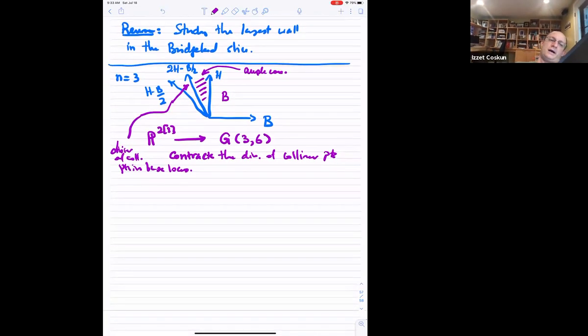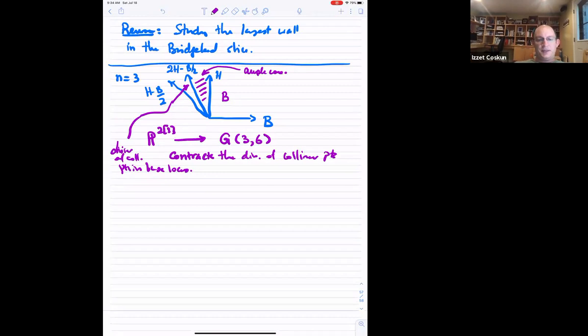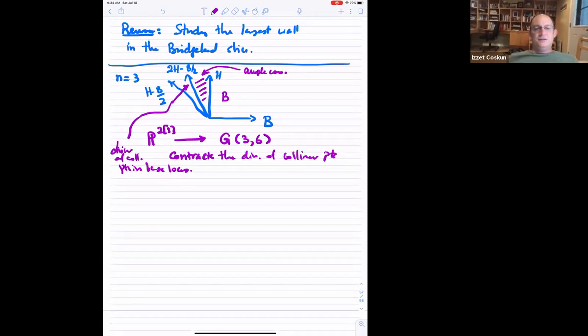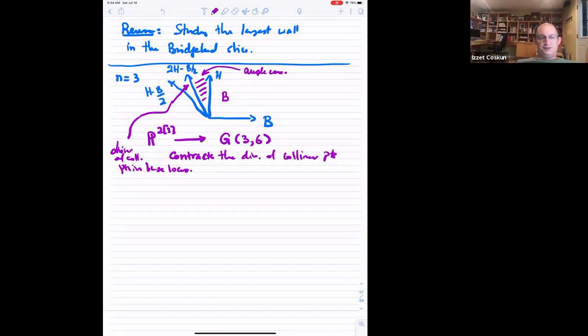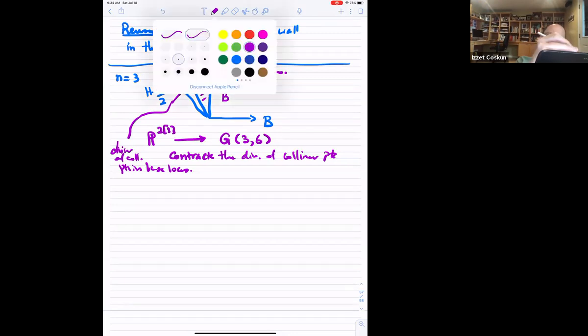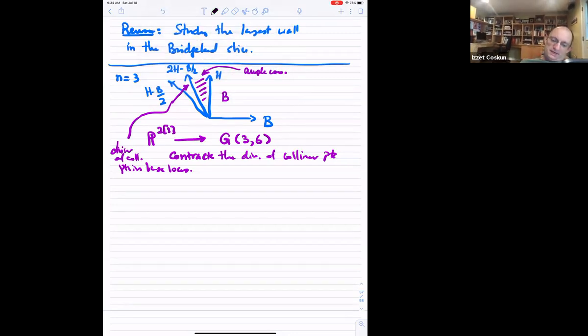All right, so now let's just see what happens in the Bridgeland picture. Let's also draw the Bridgeland picture, and let me open my notes before I make a mess. In the Bridgeland picture, again, here is your S, here is your T. There are two walls in this case.